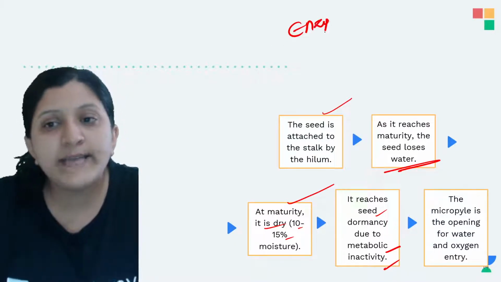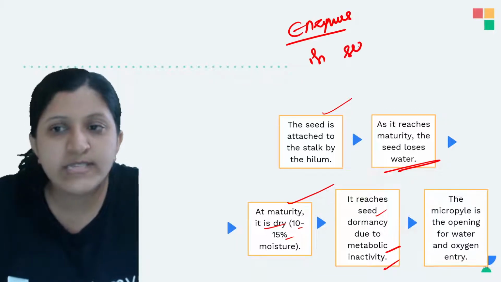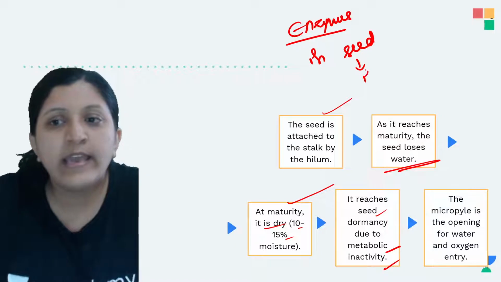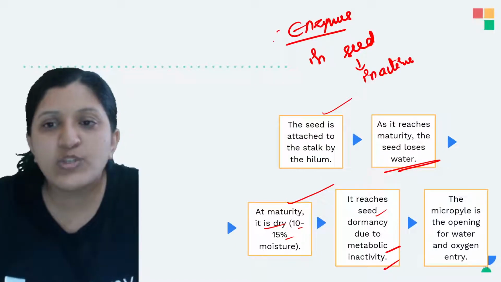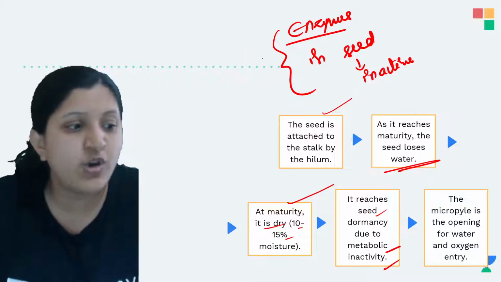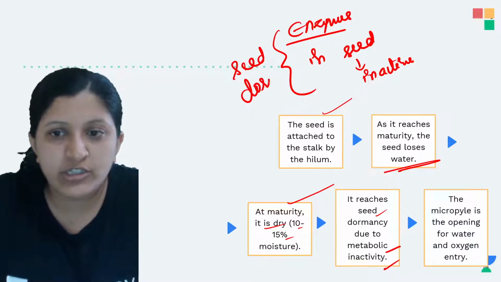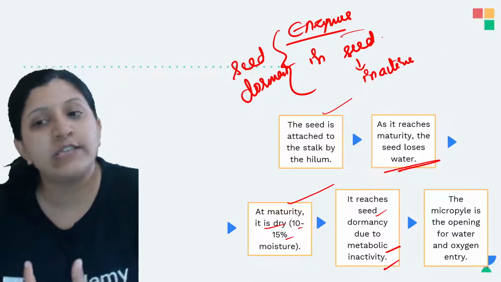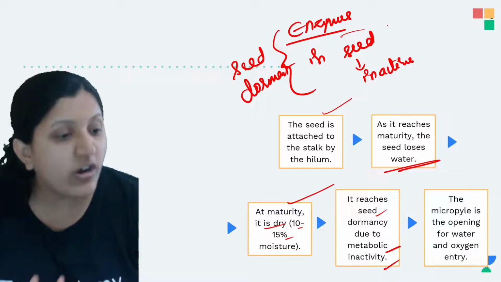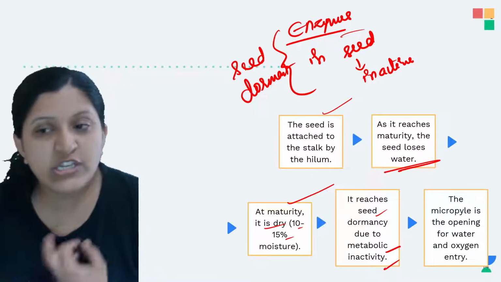The enzymes in the seed become inactive, so we call the seed dormant. The enzymes are inactive, so they are not metabolizing anything, and there are no changes we can see.